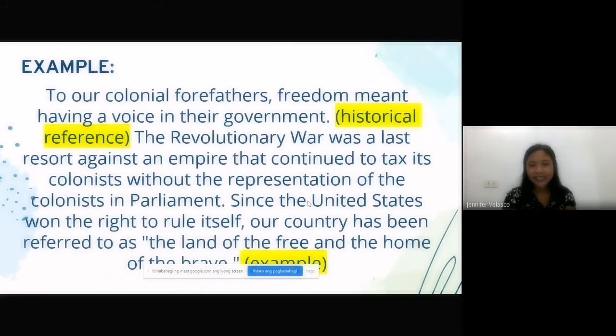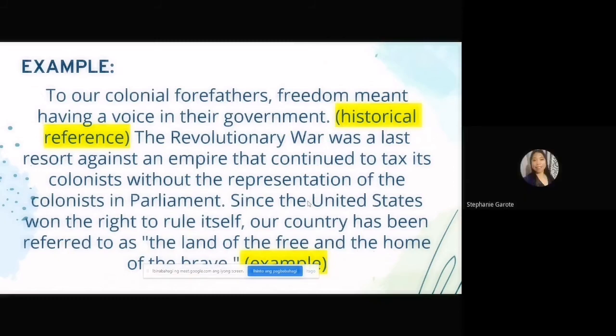Looking at this example, comparing it to the previous examples, what have you noticed, guys? Can you comment? The way it is written, what makes it different?